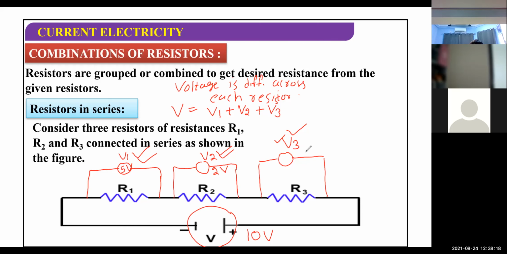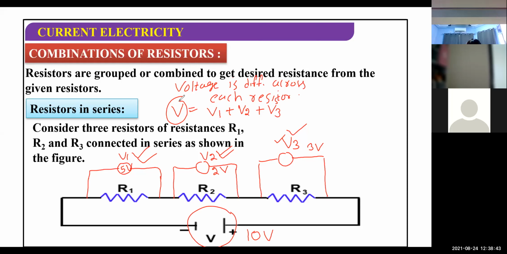So the voltage on the third voltmeter will be 3 volt to make the sum equal to 10 volt. So the total voltage is equal to the sum of the individual potential differences across each resistor in a series combination.